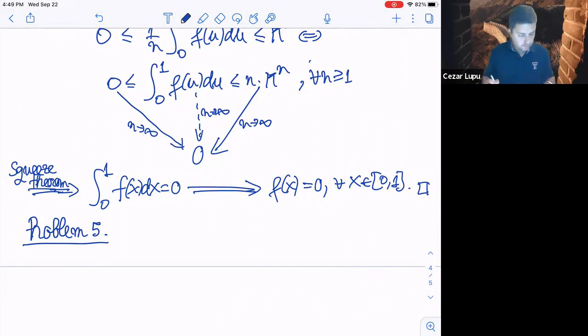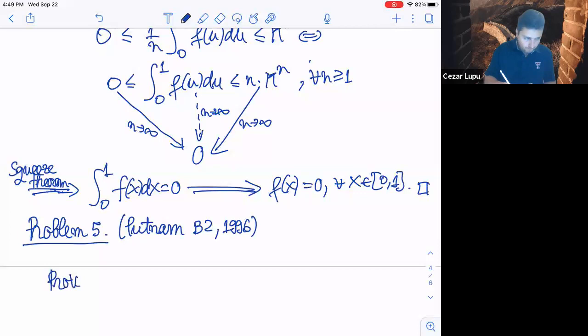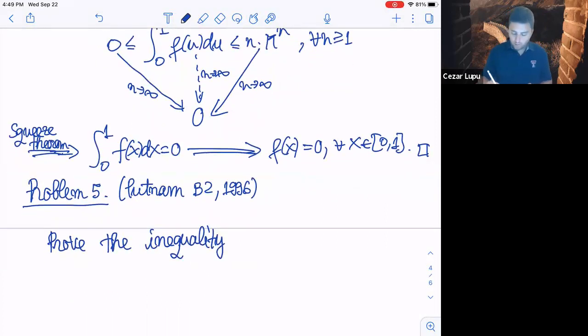Statement. So this says the following. This was Putnam B2 in 1996. All right, great. Prove the inequality for all positive integers n.